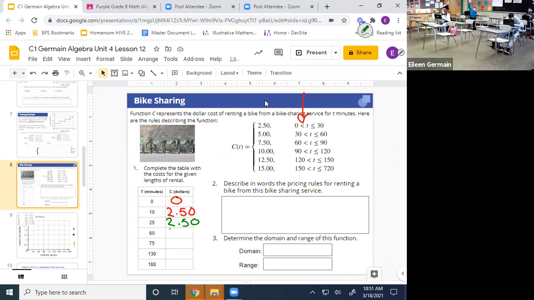He says $5. Do we agree? Why? Or equal to, very good. 75 minutes. Kyle? $7.50. Okay. Sadie, 130 minutes.